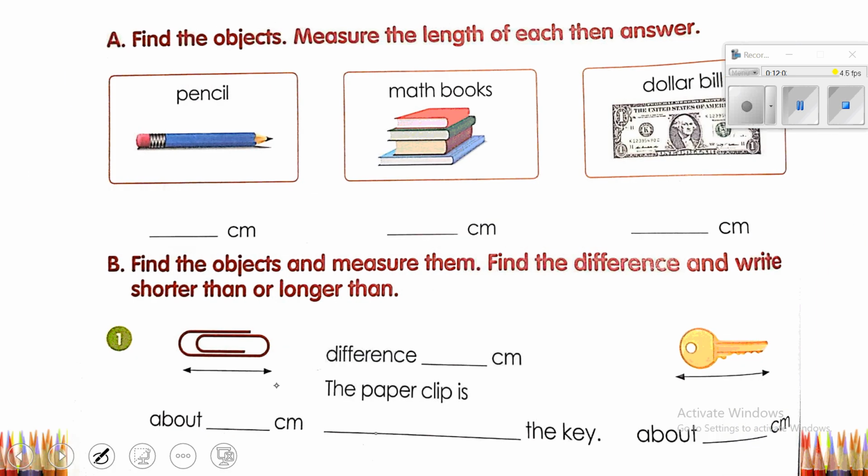Here is the first practice in your textbook, page 351. Let's see here. Find the object, measure the length of each, then answer. Here you have to find real objects. You have to bring your ruler and measure them. Here is the pencil.